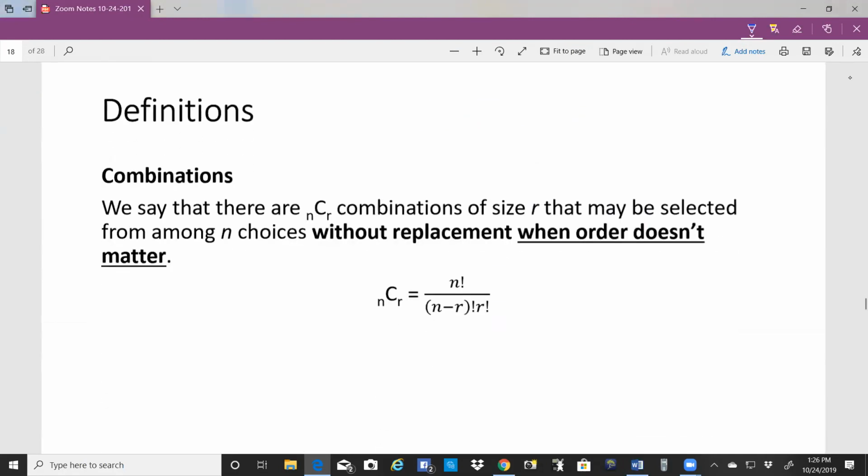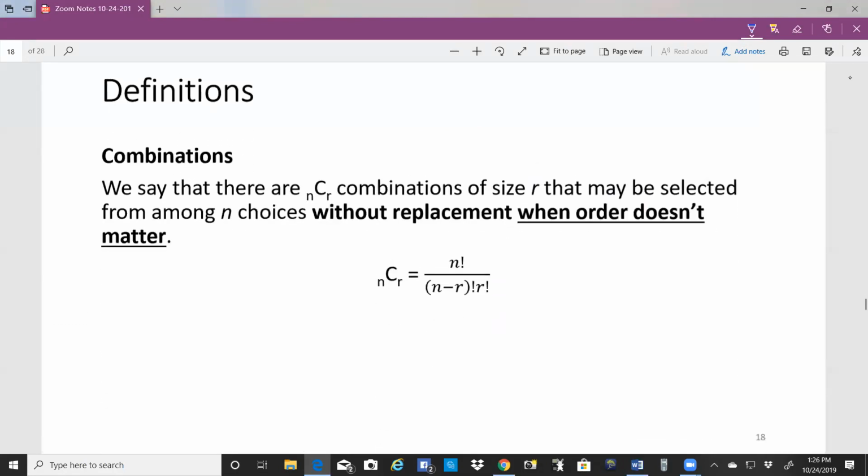And here's a combination formula. We say that the combinations of n things taken r at a time is denoted by C(n, r).